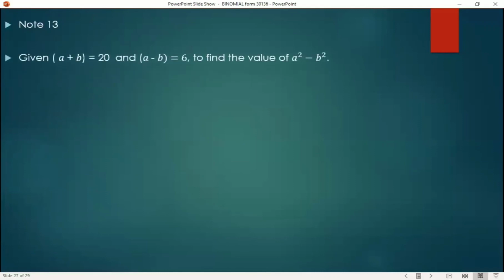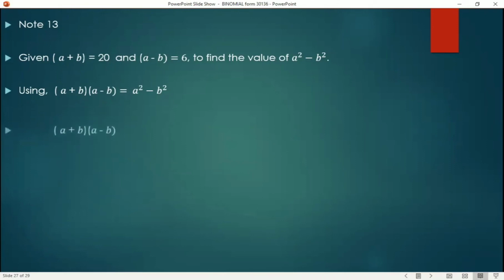Now, if you're given such a question, a plus b is equal to 20, a minus b is equal to 6, how can we obtain the value of a squared minus b squared? We know that (a plus b)(a minus b) is a squared minus b squared.